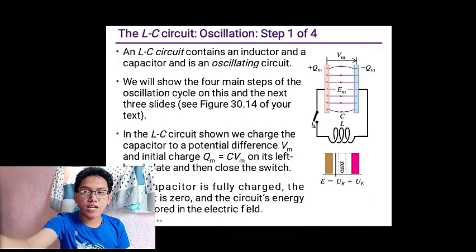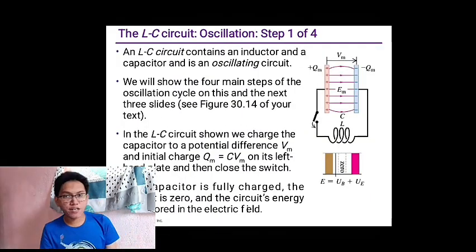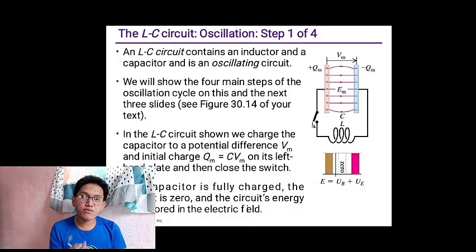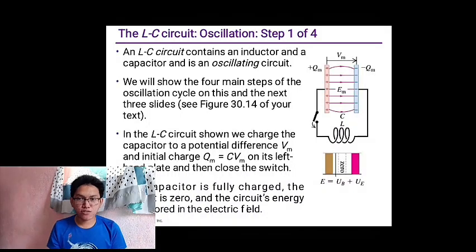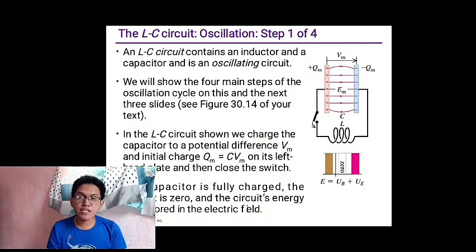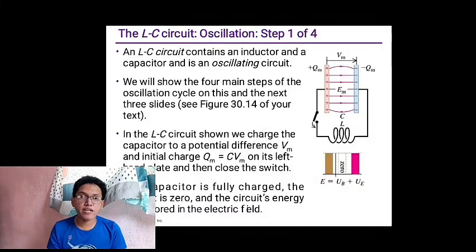Now we have here the LC circuit, the oscillation. An LC circuit contains an inductor and a capacitor and is an oscillating circuit. The circuit energy oscillates between the electric field of the capacitor and the magnetic field of the inductor.